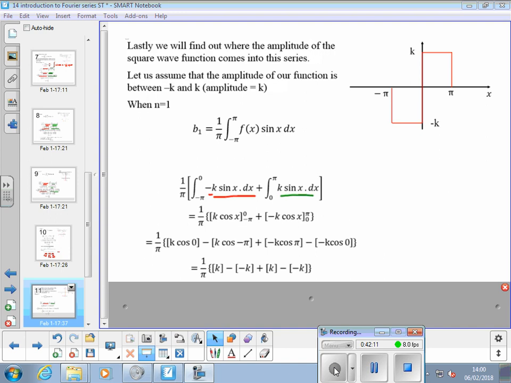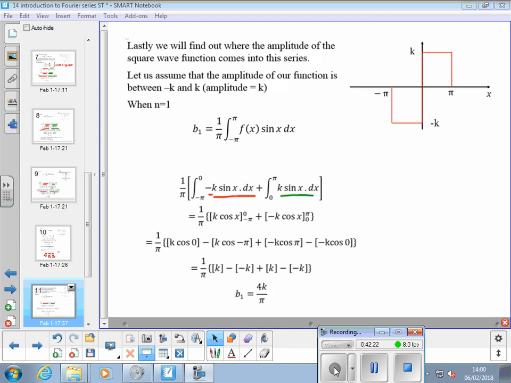So we got k, now plus another k is 2k, plus a third k, plus a fourth k. So we've got 4k over pi for B1. So that's where our amplitude goes, on the top line there.